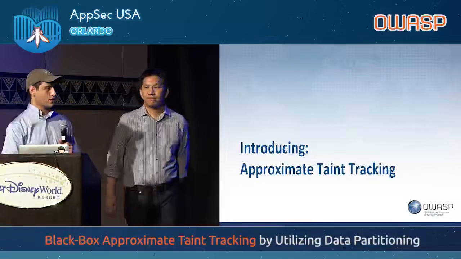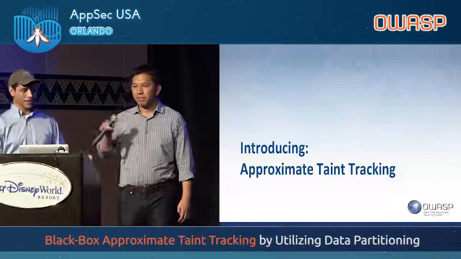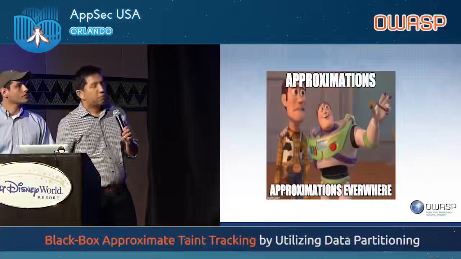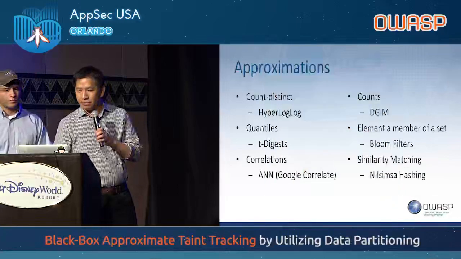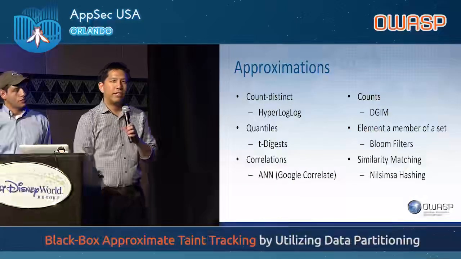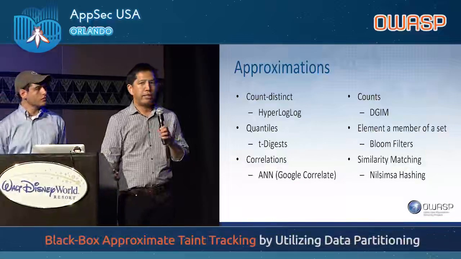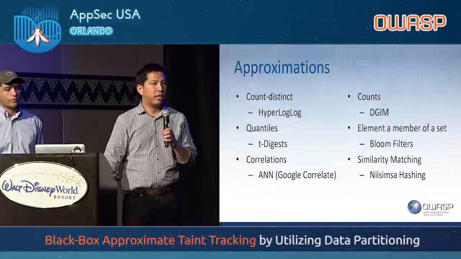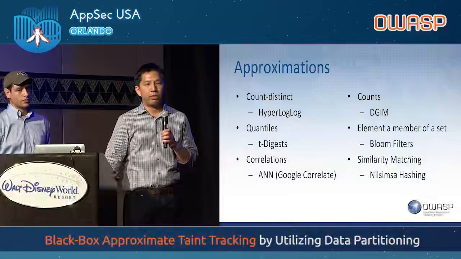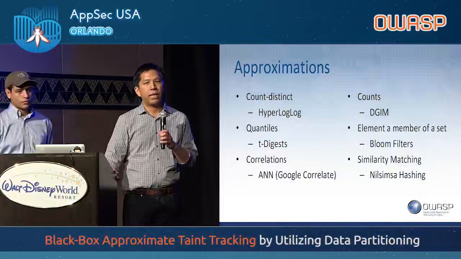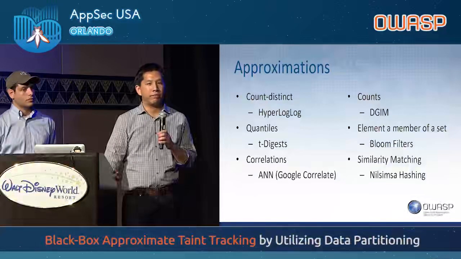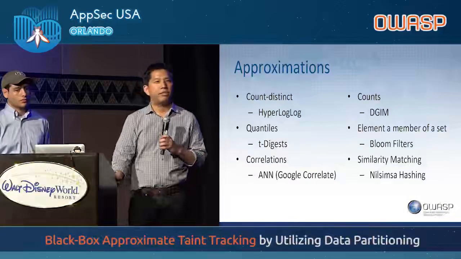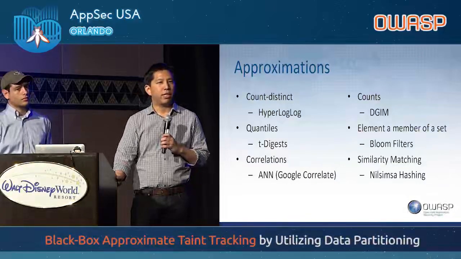So that's when we introduce approximate taint tracking. So approximations everywhere. If we look around in industry, we see that there's a great interest in approximations in general, especially in the big data space where you want to do very complex calculations, but even with the era of big data and lots of compute and lots of memory, you still are constrained by time.